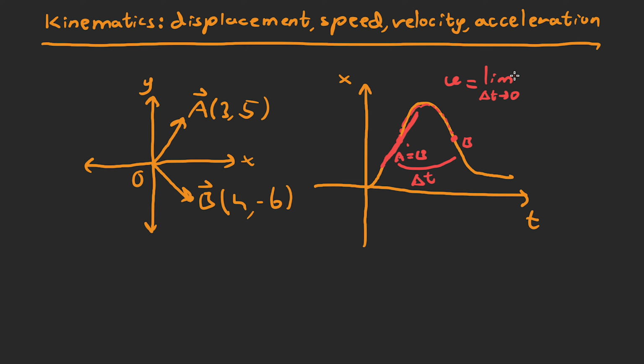So let's calculate this. We want to calculate the difference in distance per the difference in time, while the difference in time got infinitesimally small. You can also see here why it wouldn't really make sense for time to be 0, because in that case this division would be undefined.